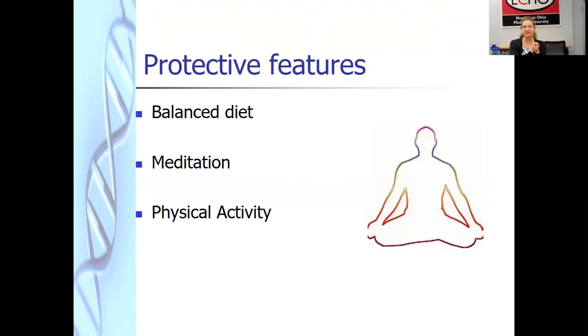The last protective feature would be physical activity. So again, thinking about reducing inflammation overall, really kind of promoting those healthy telomeres and being beneficial for pretty much every organ in your body.